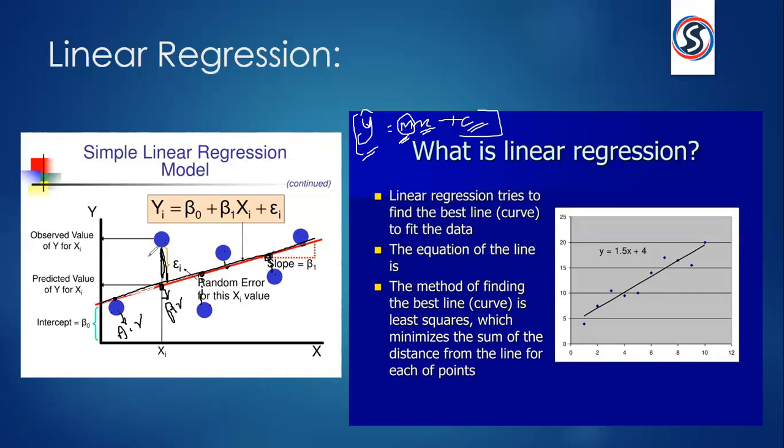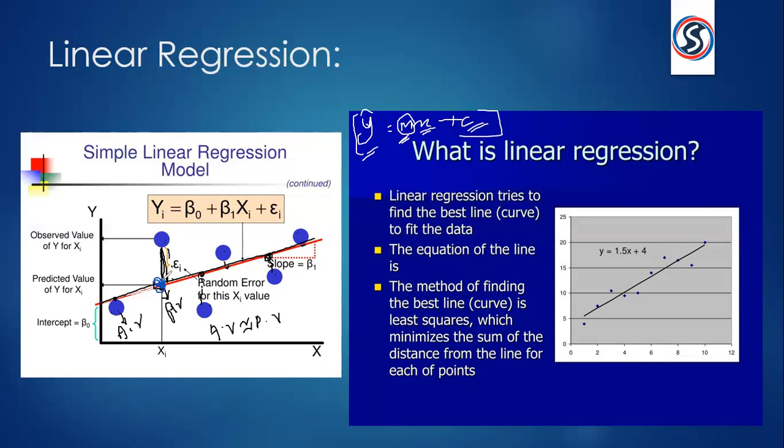so that my actual value becomes approximately equal to my predicted value, or vice versa. For that, this actual point should shift to here itself.